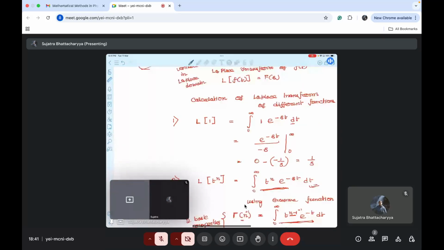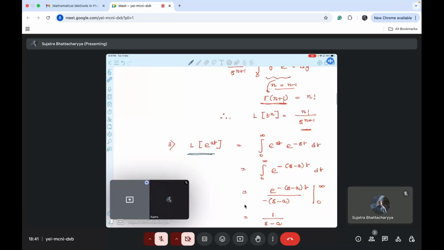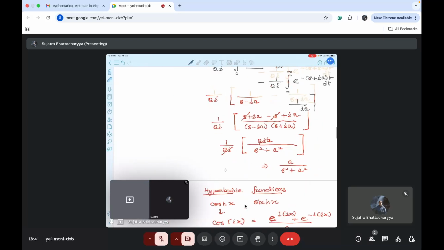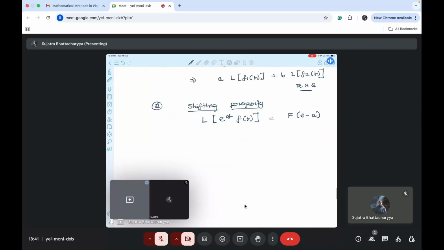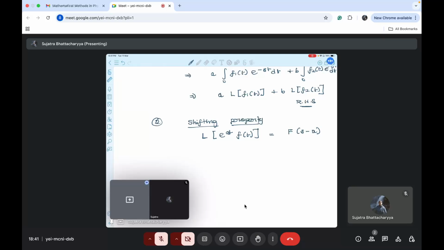But immediately when this 1 is multiplied by e to the power at, you get the Laplace transform of e to the power at, which is 1 upon s minus a. So you can see from here also that it will be something of the order f of s minus a, some function in the Laplace domain of s minus a.